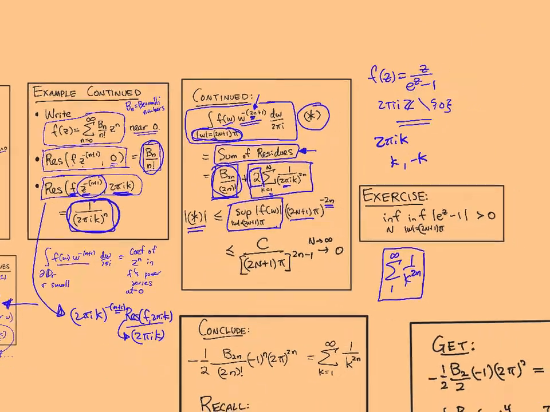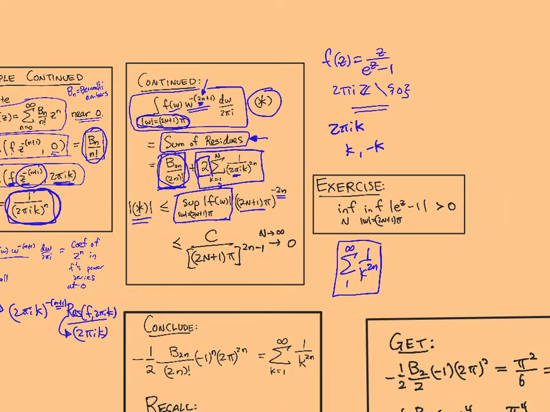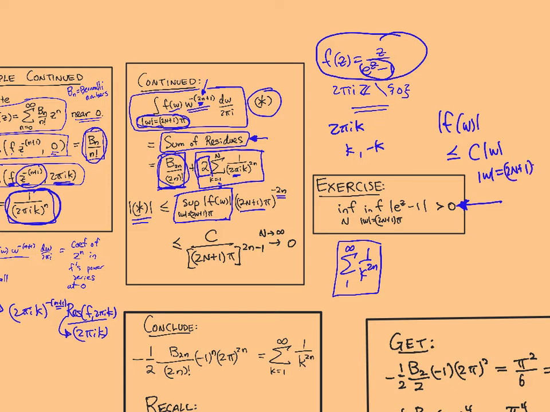Okay, and then we had a homework exercise to show that the denominator in f is bounded below. And so that gives us a bound on f. And if the denominator is bounded below, then I get a bound of the form a constant times w, and in this case, w is equal to these odd multiples of pi.